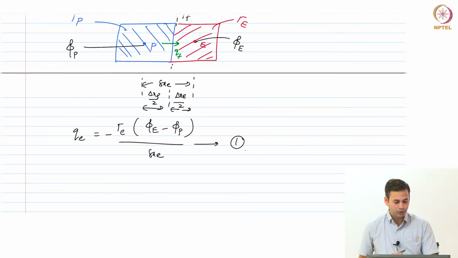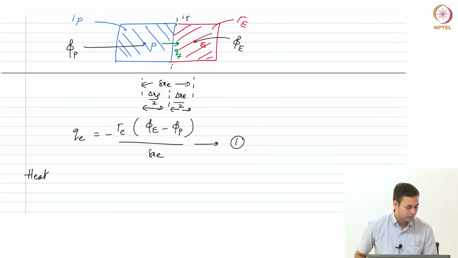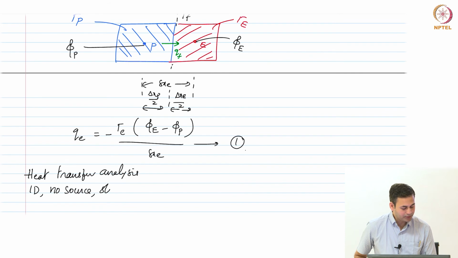Now, if I were to draw an equivalent, let us say from heat transfer analysis, for a simple 1D, no source and steady situation, if I were to draw an equivalent network here, what would that network look like between P and E?